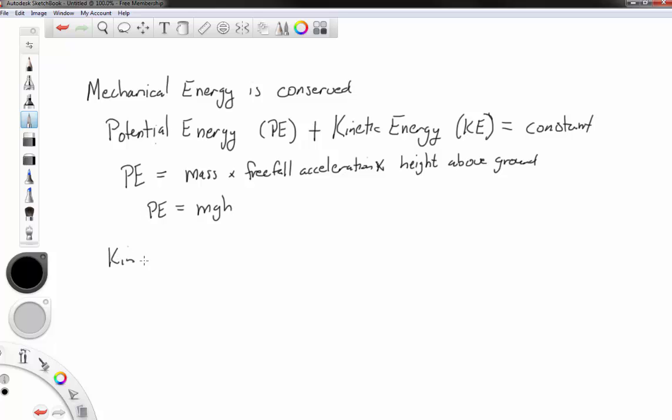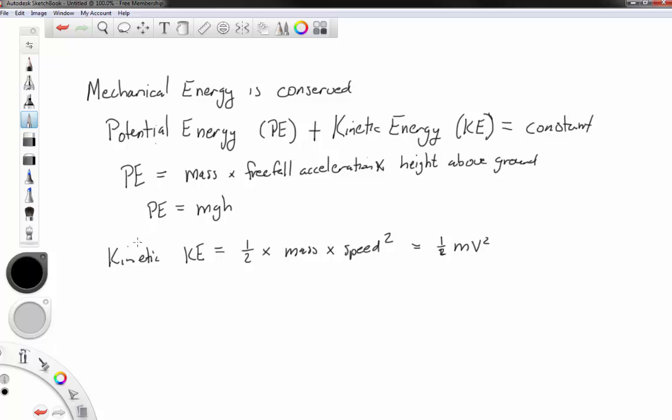The kinetic energy, on the other hand, is given by the equation 1/2 times the mass times the speed of the stone squared. That's speed times speed, so this is 1/2 mv squared.